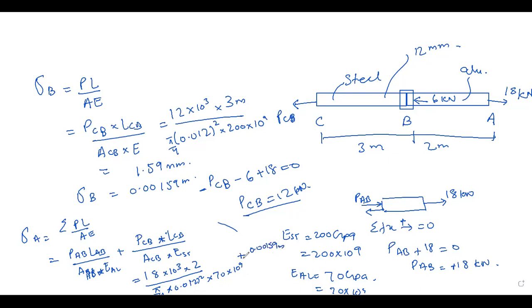When you solve this, you get 0.00614 meter or 6.14 millimeter. That is the deflection at A with respect to B.